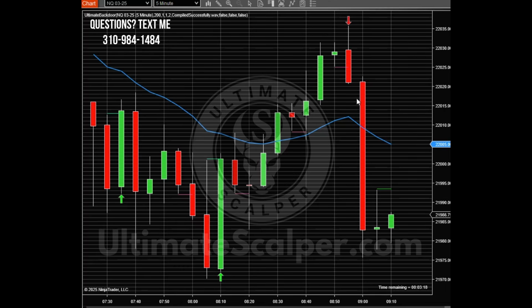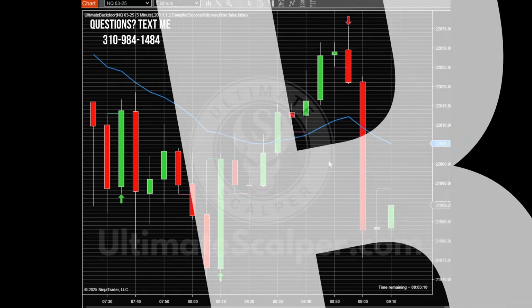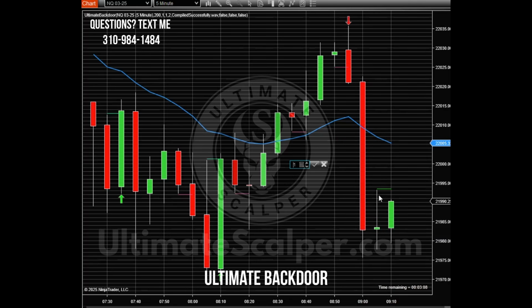Okay, after this huge move down, we can expect price to pull back a little bit from that huge move. I do have a backdoor signal right here, or a backdoor entry.